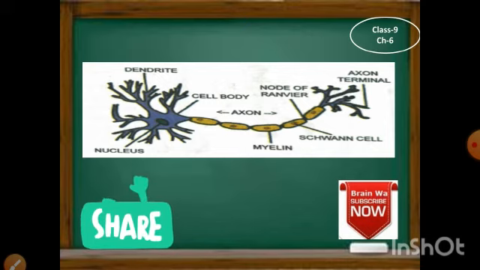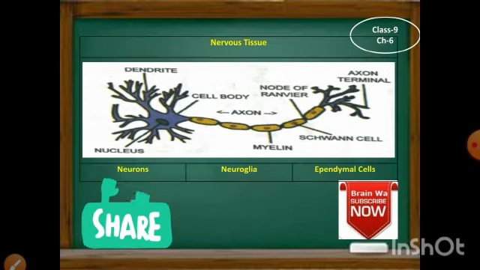Ependymal cells are ciliated cuboidal cells which line the cavity of the brain and spinal cord and move the CSF, cerebrospinal fluid, present in their cavity. Now we have already discussed neurons, neuroglia, and ependymal cells.